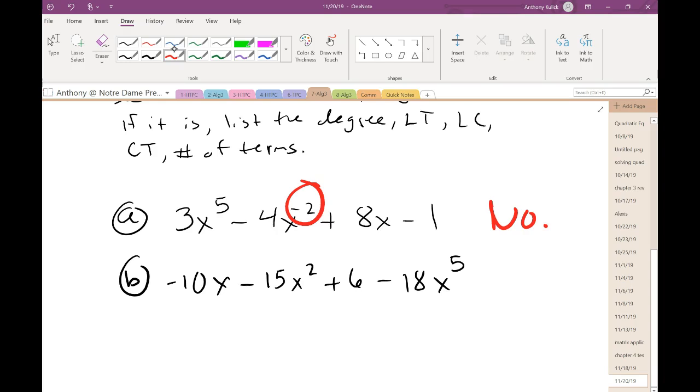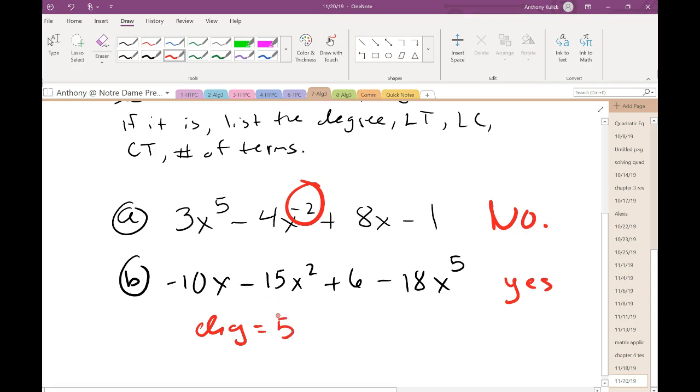Everybody agree with that? Okay. So since it's a polynomial, we also have to list the degree. What's the degree for this polynomial? It's not 7. It's not 8. It is 5.